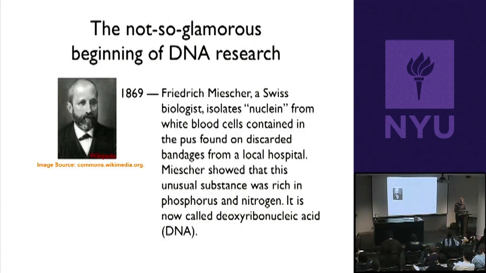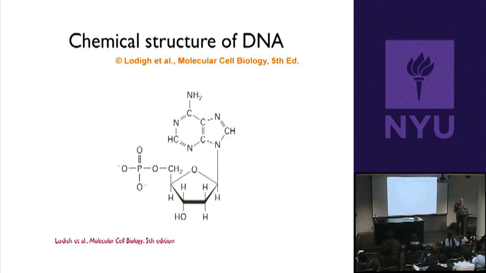So what is the chemical structure of DNA that we now know, building upon what Miescher first found out? DNA basically has three parts to it. And I don't want anyone to get scared when I put a diagram like this up. I will never, ever, ever ask you to draw this on a test, say what's the structure of DNA, and expect you to know all these chemical bonds and everything.